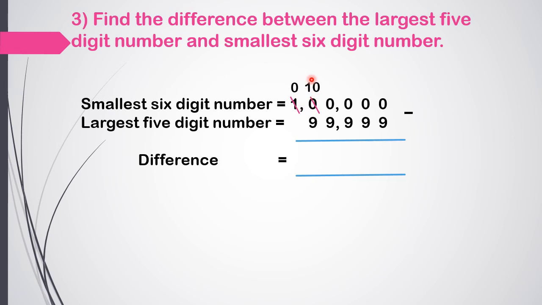Now the 10 is going to give 1 to the previous number. So 10 changed to 9. This 0 becomes 10. Now this 10 is going to give 1 to the next digit. So this 10 changed to 9. This 0 changed to 10. Then this 10 is going to give 1 to the next digit, so it will become 9.